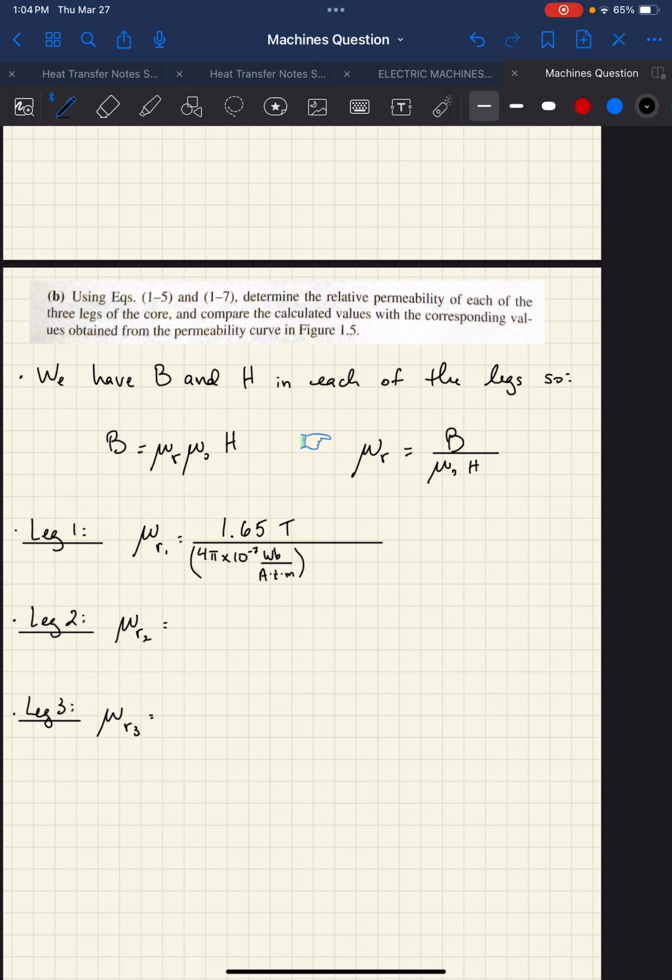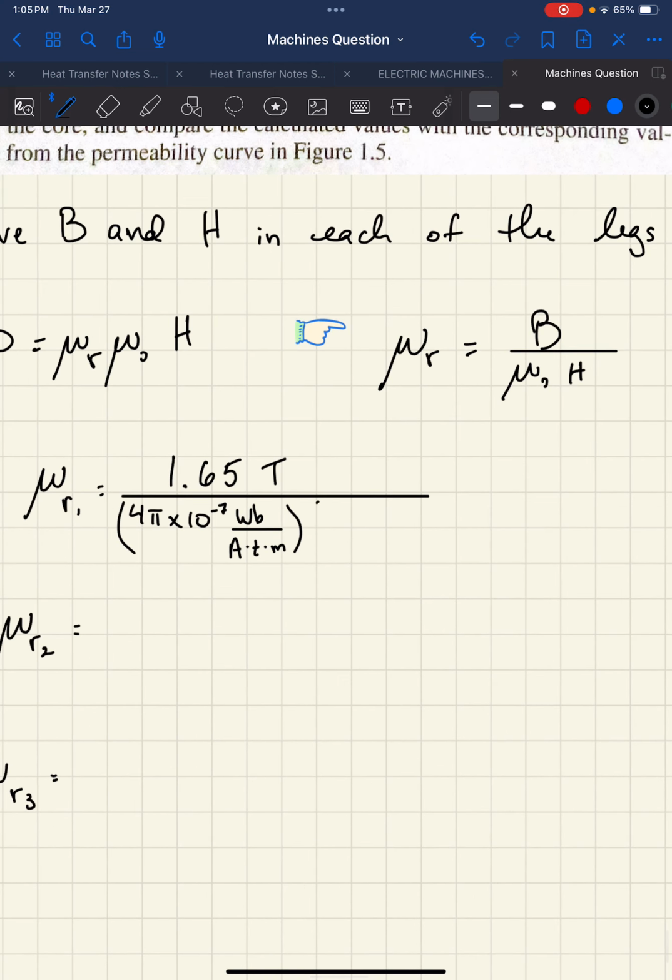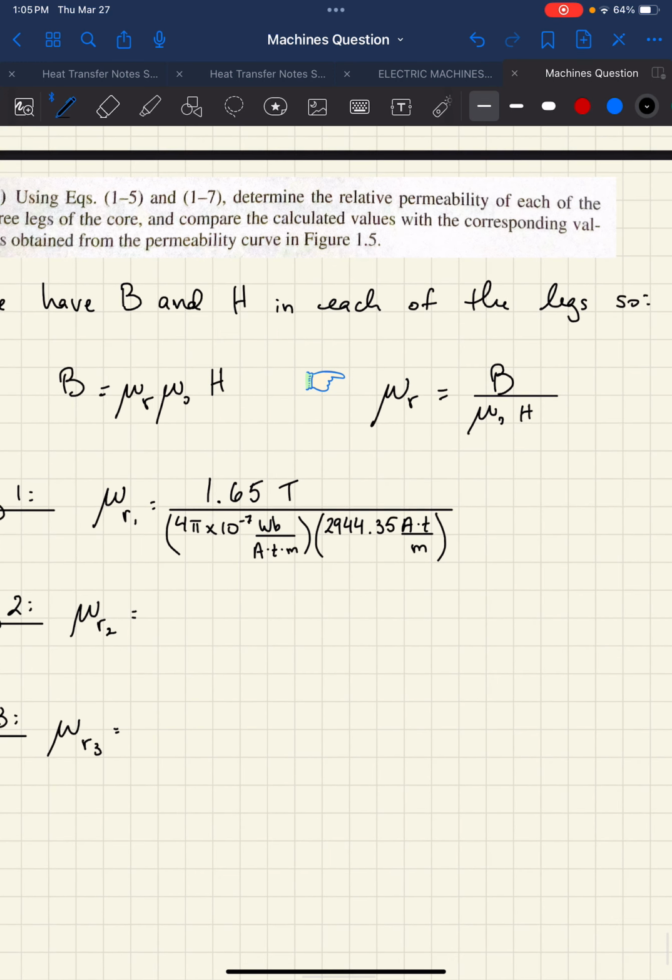Okay, by the way, this B is in Tesla. So 1.65 over 4 pi times 10 to the minus 7 times 2944.35 amp turn per meter, and this overall will be 445.95.